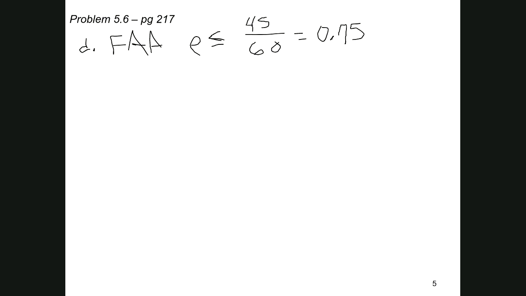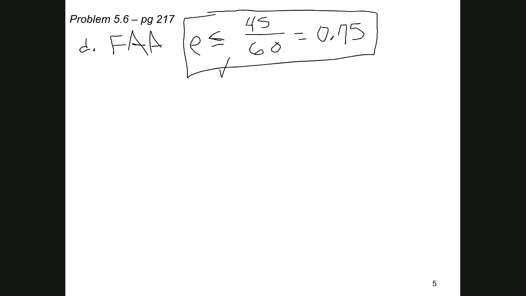So then the question is, in terms of the problem, when would Peachtree have to hire another air traffic controller? If this is the standard, if rho is greater than 75%, if it's more than 75% busy, then hire.